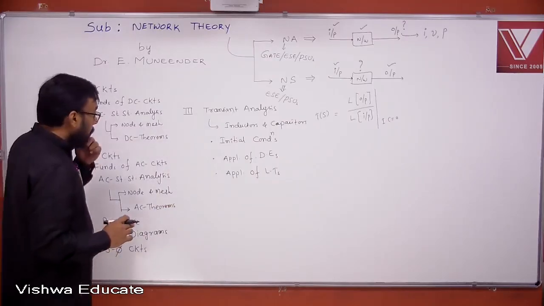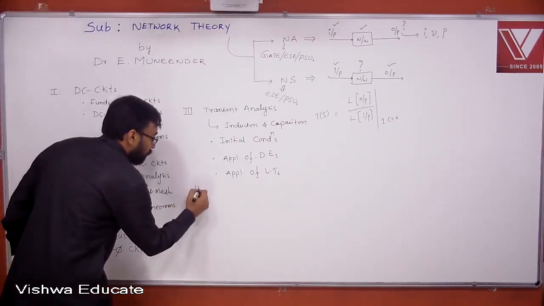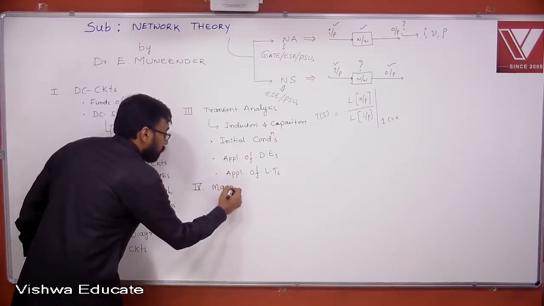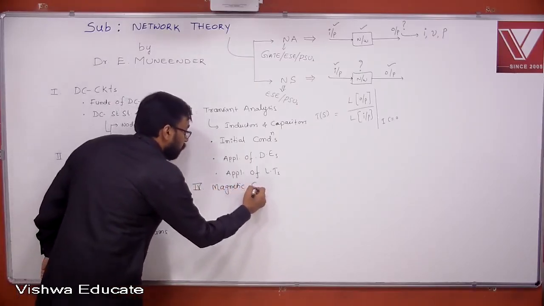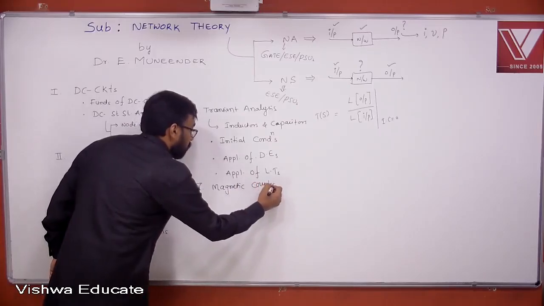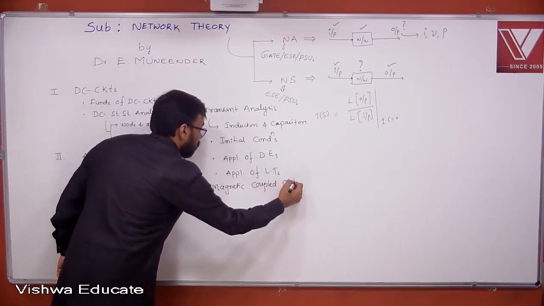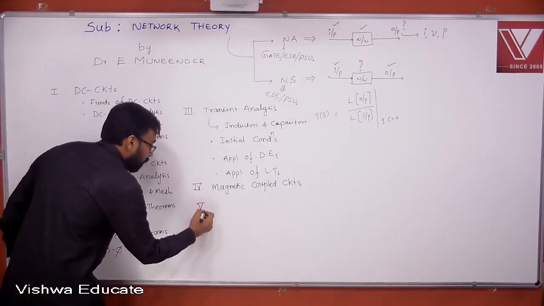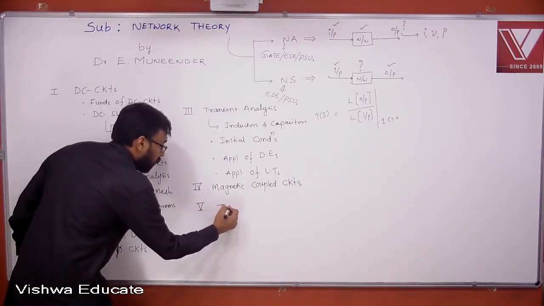Okay? Well, the fourth topic is magnetic coupled circuits. And the fifth one is two-port networks.